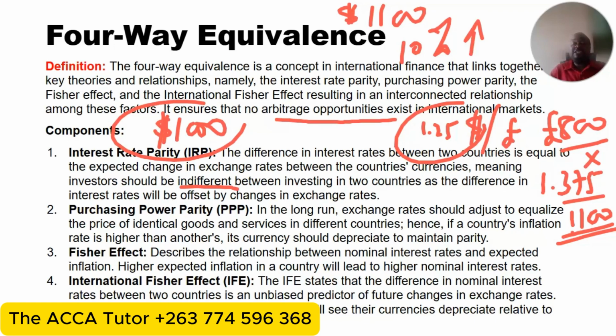So basically the implications are that higher expected inflation in a country will lead to higher nominal interest rates. Are we together? And you will see as we move on that the Fisher formula is also used to compute discount rates, which are useful for project appraisal. All right, bear that in mind.